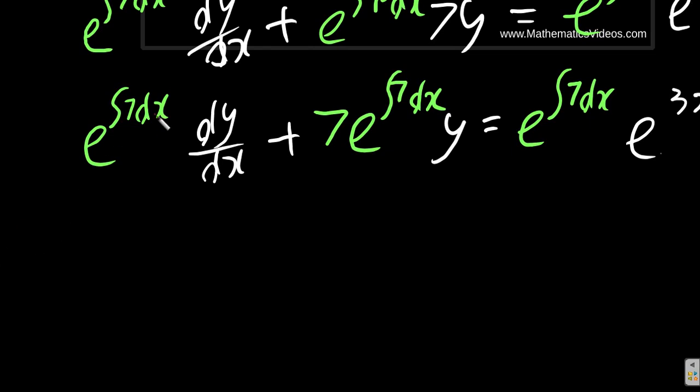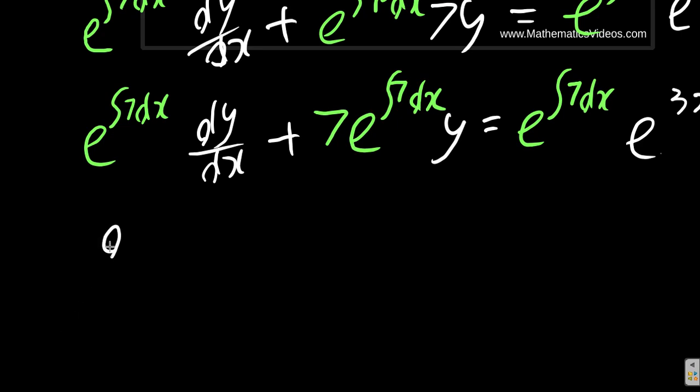Now notice if you differentiate e to the integral of 7 dx, you have 7 e to the integral of 7 dx. You differentiate y, you get dy by dx. So we hold e to the integral of 7 dx, differentiate y, plus hold y times differentiate e to the integral of 7 dx. So this is differentiation by the product rule.